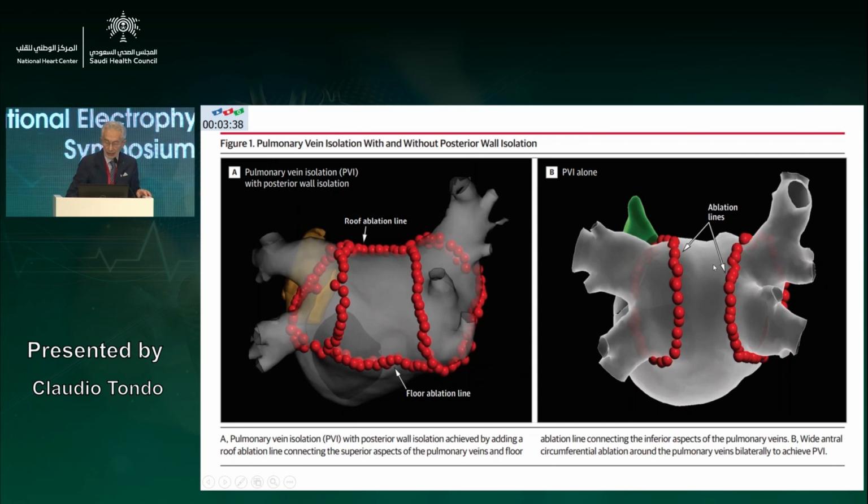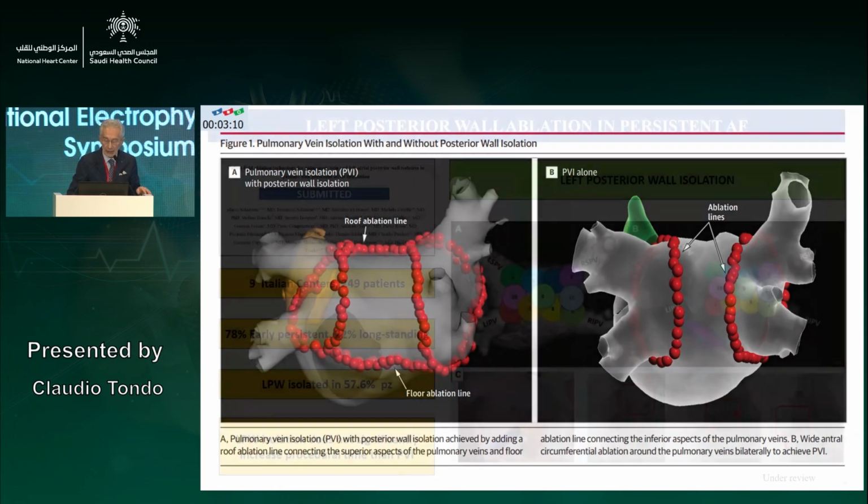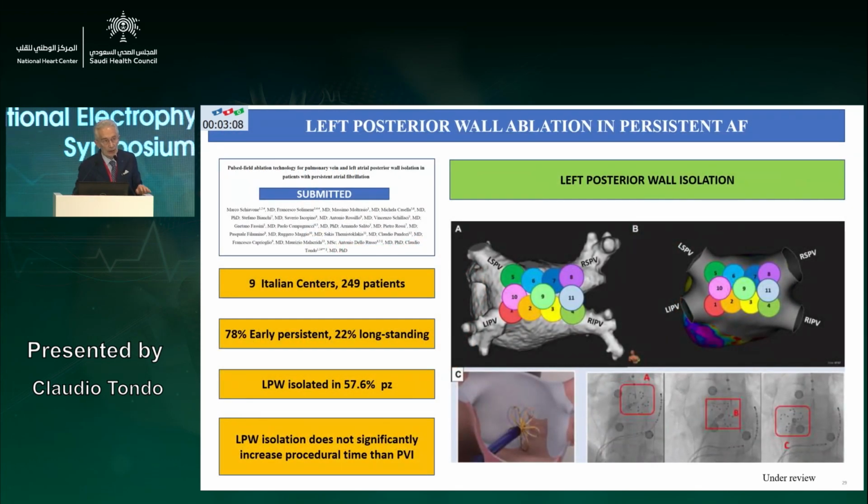If you consider isolating the posterior wall in patients with persistent AF, or because you need to redo the procedure, once you have shown that the pulmonary veins are completely isolated, you need to go beyond this portion. You need to go really inferior in the posterior wall, just at the boundary of the coronary sinus, because this is a very crucial area where you need to ablate.